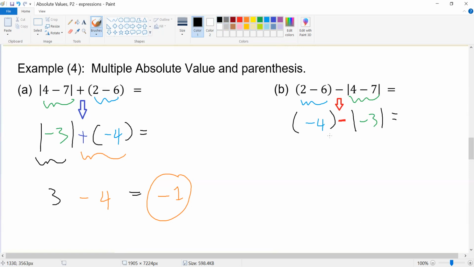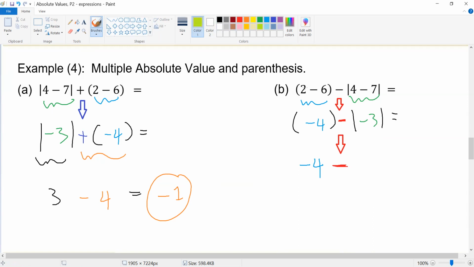Now, in the next step here, the -4 has parentheses. But since there's nothing in the front here we need to worry about, all that's telling us is that we can drop the parentheses and just have -4. Then we bring down the subtraction symbol because we're not going to do any subtractions just yet because we still have to take care of the absolute value.